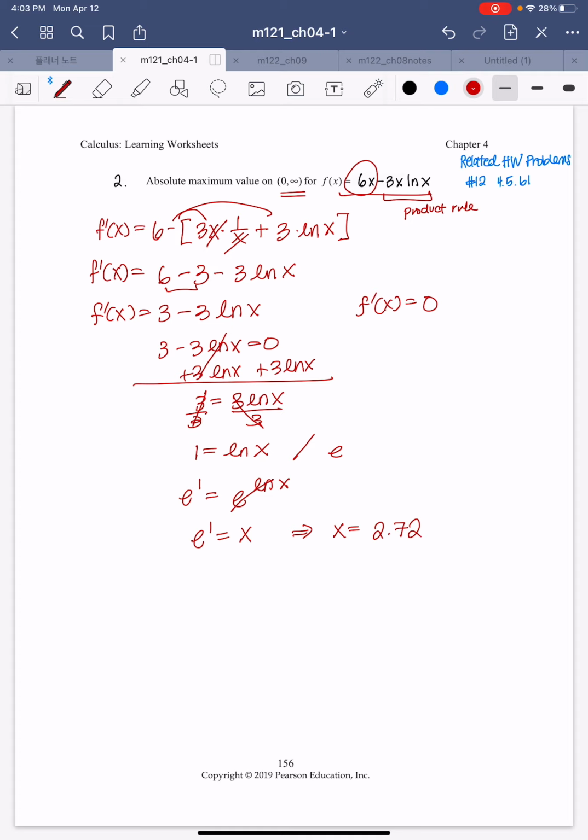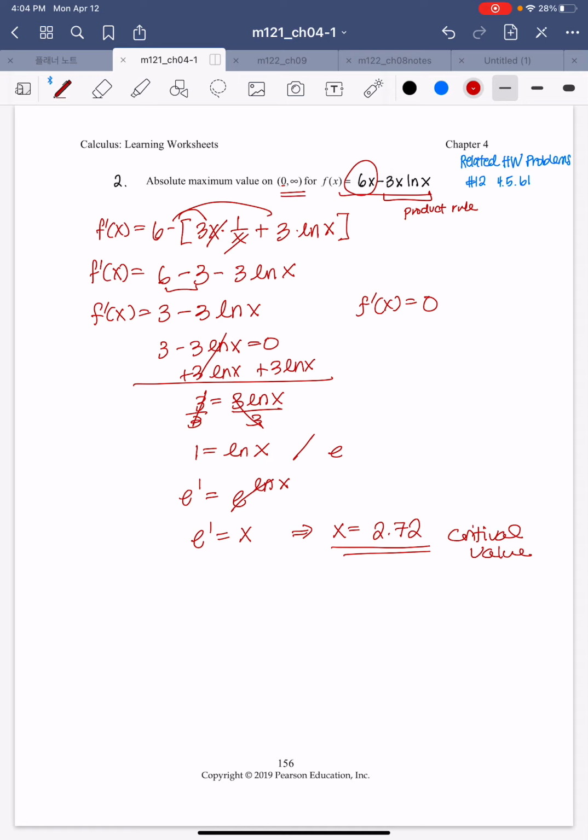Okay, now let's plug it in. This is the only x value that we have. This is one possibility, our critical value. Another possibility where the absolute maximum can occur is at an endpoint. But look at this one here.